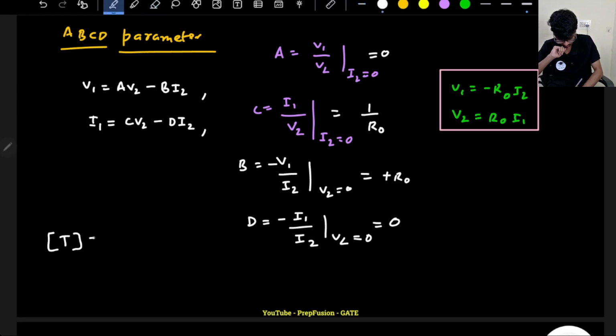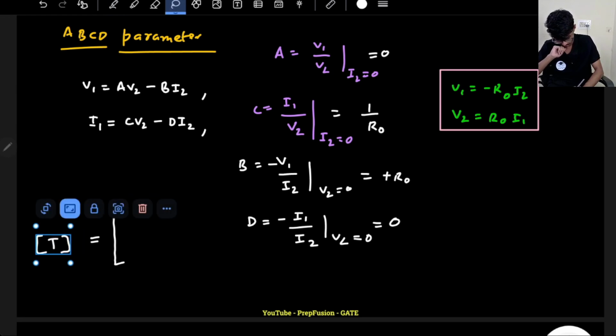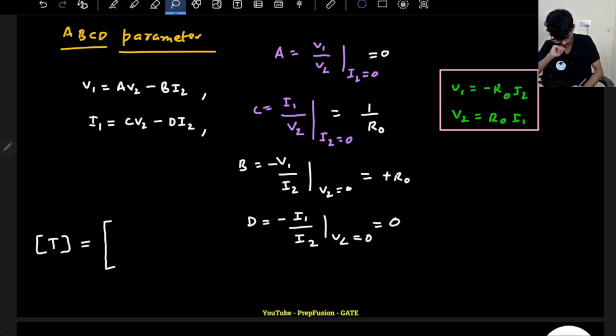So my ABCD matrix is 0, RO, 1 by RO and 0.